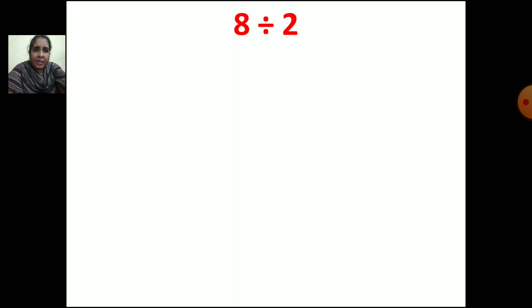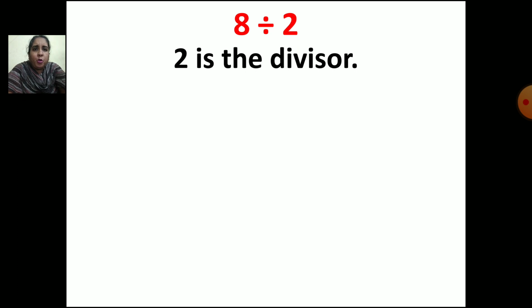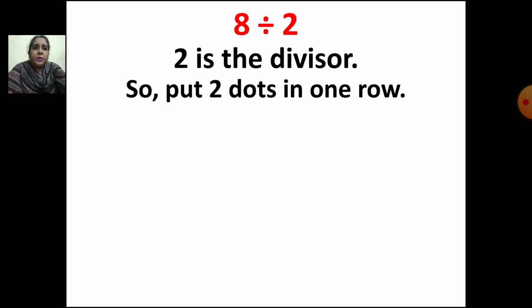Okay, so what will you do? Here 2 is the divisor. So what we are going to do? You are going to put 2 dots in each row. So in one row, you are going to put 2 dots. We start putting dots in the first row. You will put 2 dots.